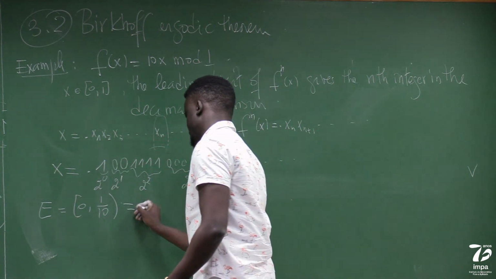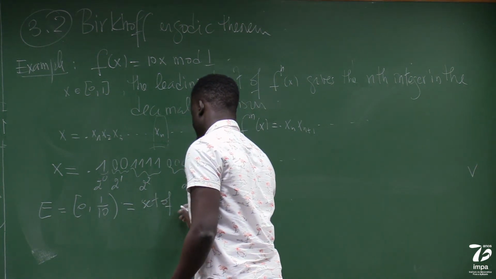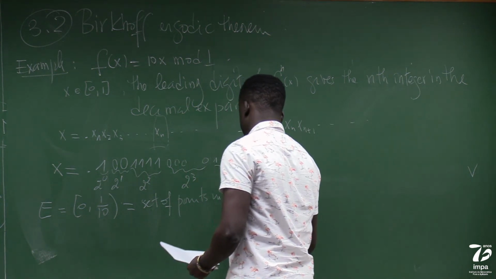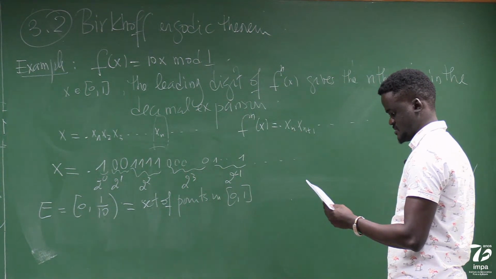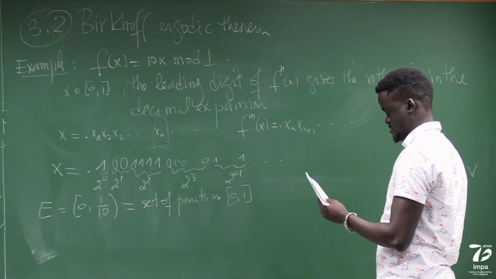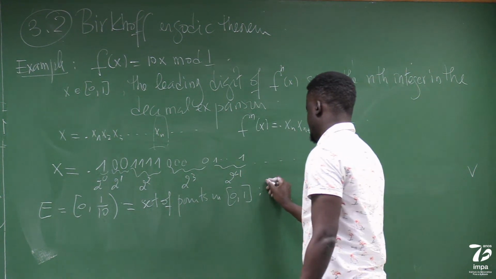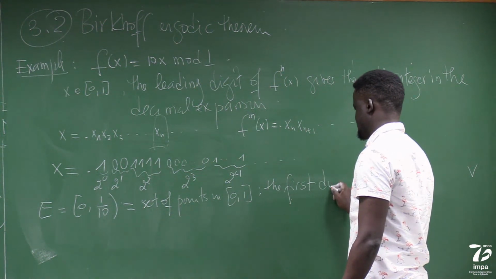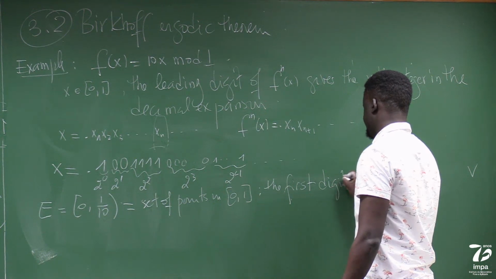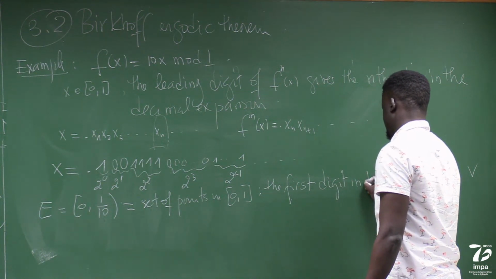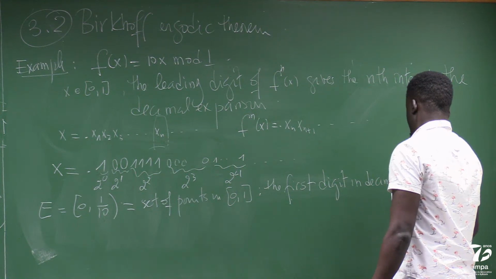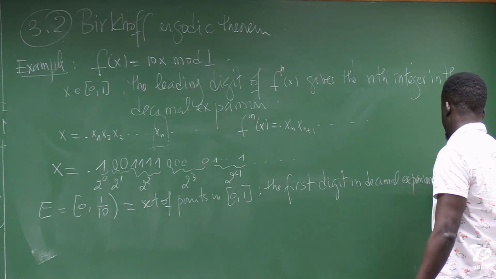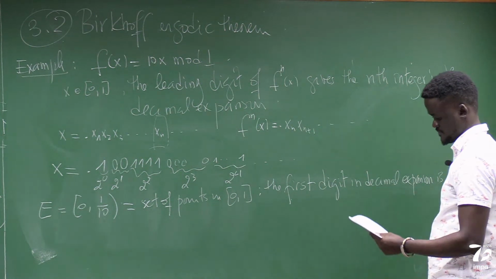So E is a set of points, or numbers, such that the first digit in the decimal expansion is 0. Okay?